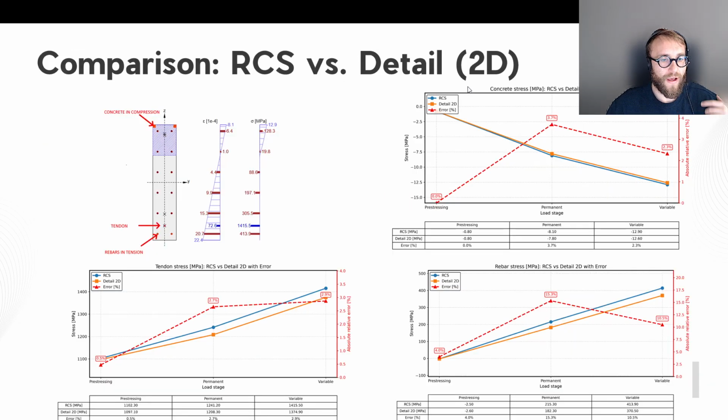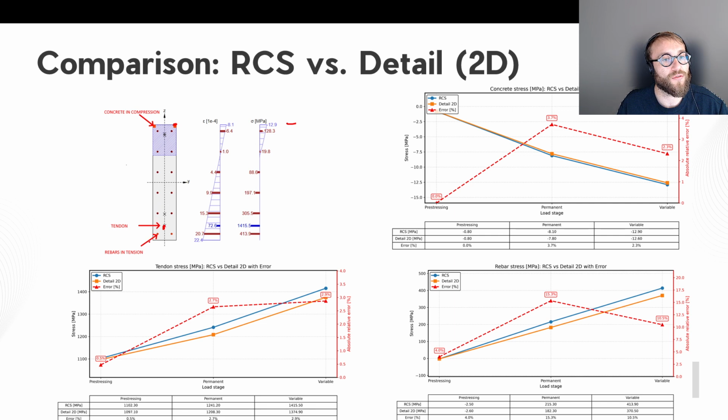Okay, so once we have everything, we can compare the results. And where are the regions where we were comparing the results? At first, the area for concrete in compression in the top fibers. So this is my level where I was comparing the stress under compression. There is just the one tendon, so we will compare the results in the tendons.